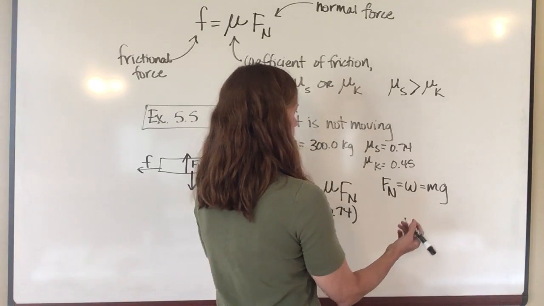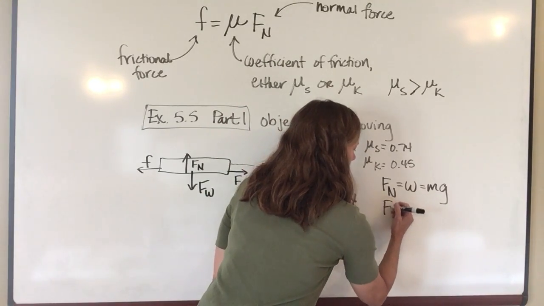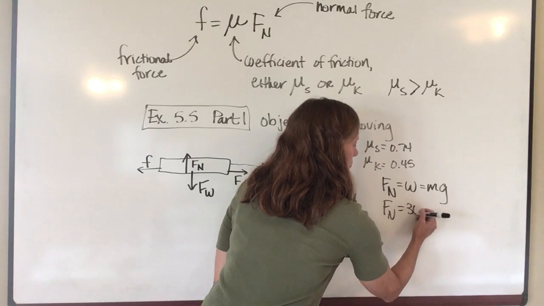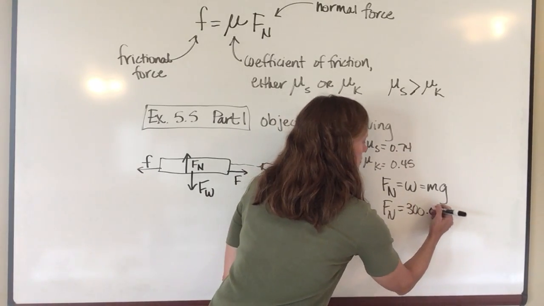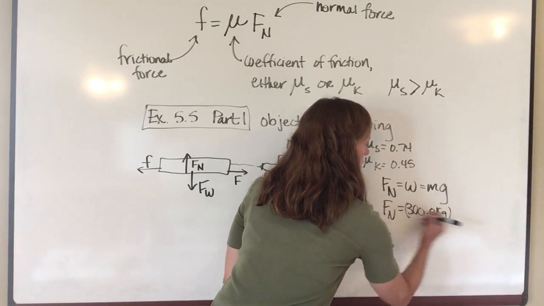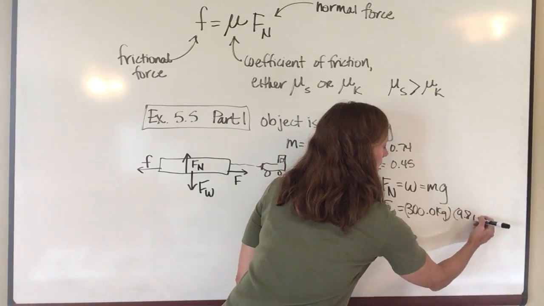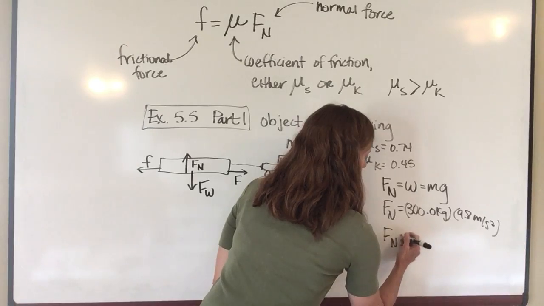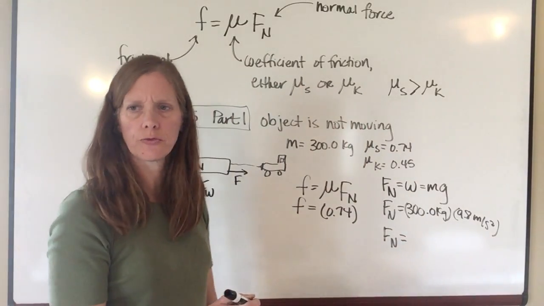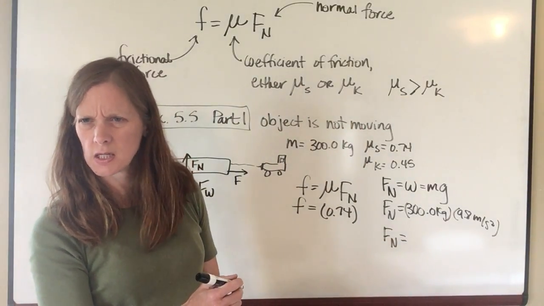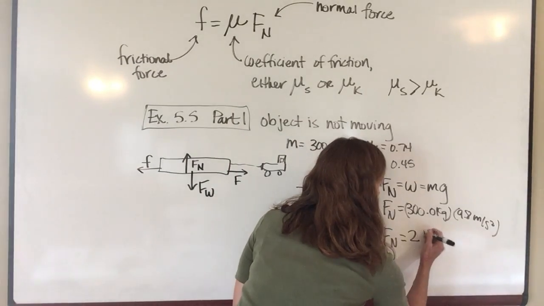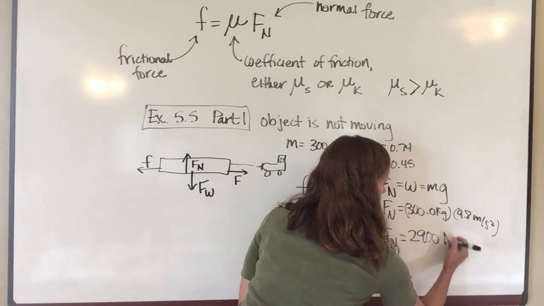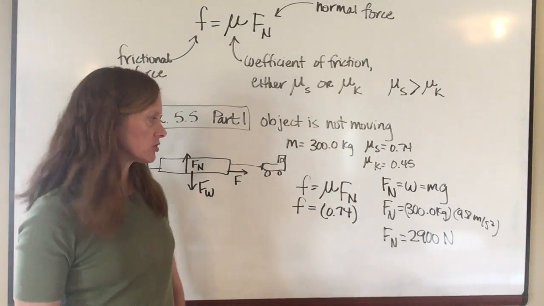So therefore, the normal force is going to be 300.0 kilograms times 9.8 meters per second squared. So that then will give me a normal force of 2,900 newtons. Okay, so there's my normal force.